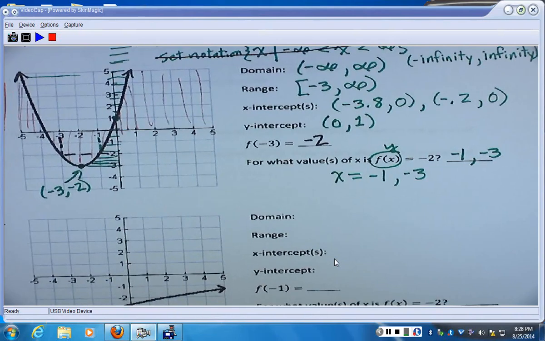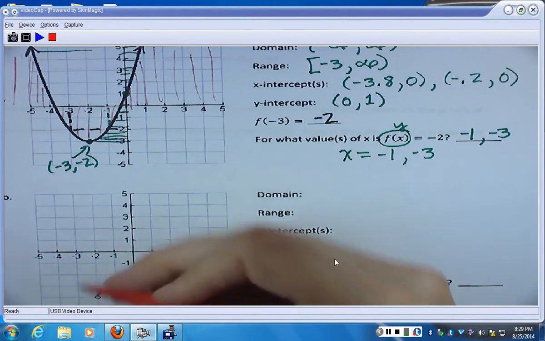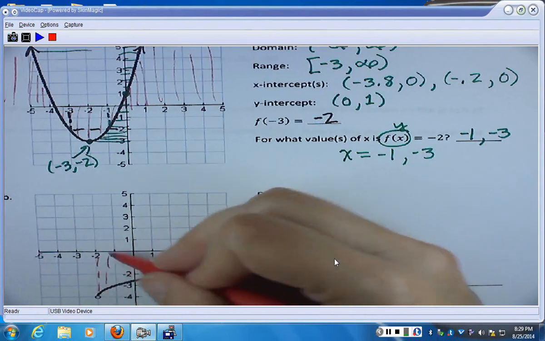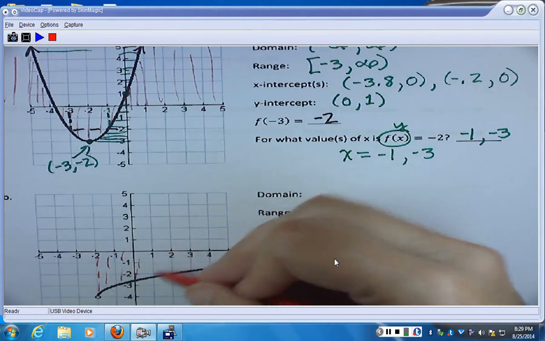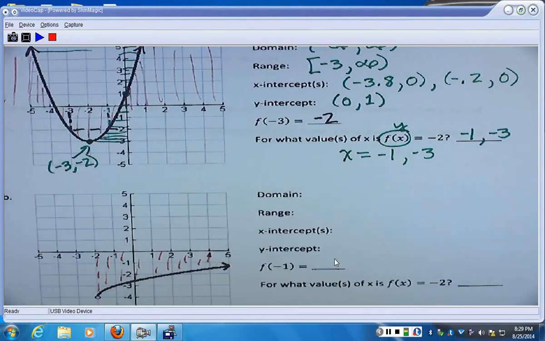Okay, and the next one, domain and range. So project to the x-axis. What does this open circle mean?